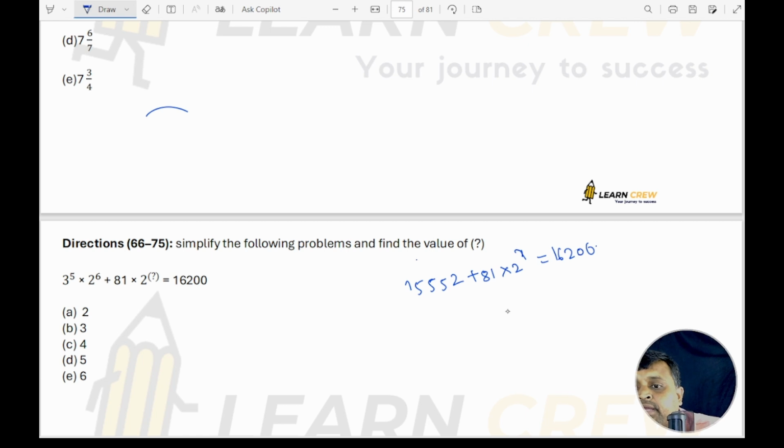Thereby 81 into 2 power x would be 16,200 minus 15,552, which is 648. 81 8s are 648. 2 power x is 2 cube. So x is 3. 3 is the answer.